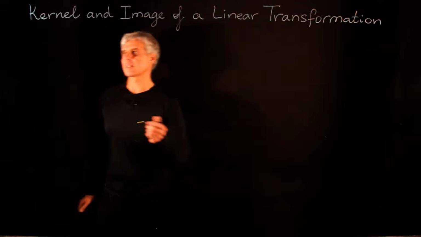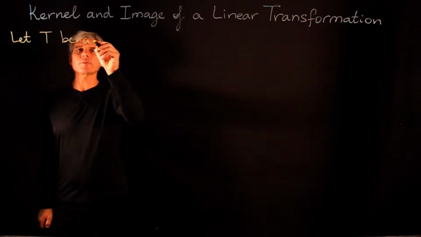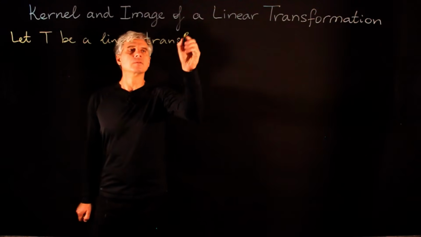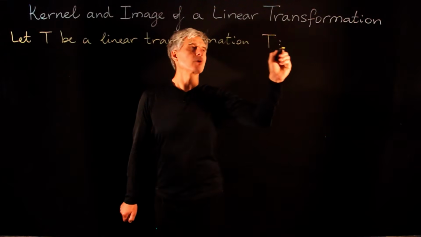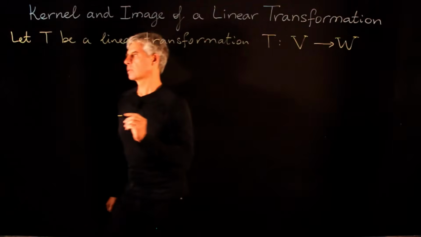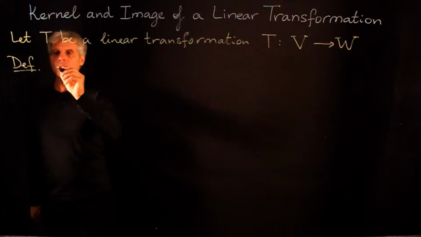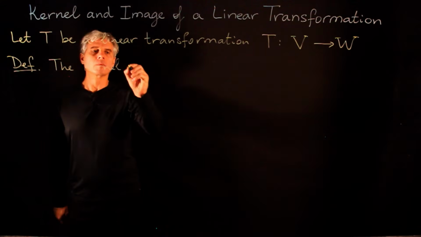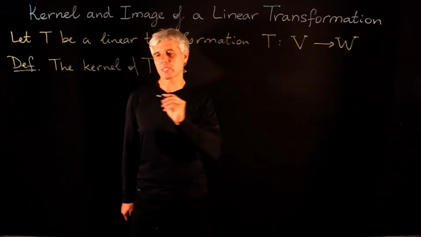We give two definitions. So let T be a linear transformation from vector space V to vector space W. Definition: the kernel of T is the following subspace.